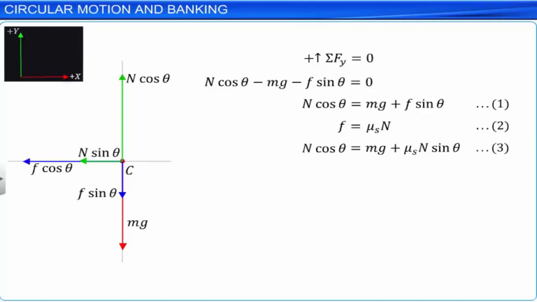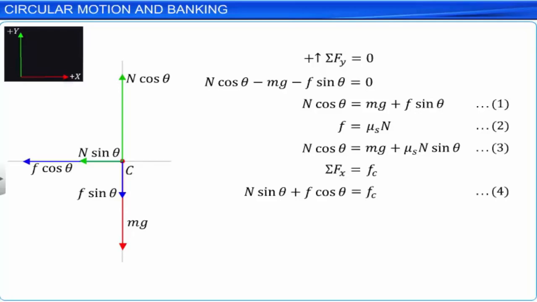This is the centripetal acceleration, and the force required for this acceleration is the centripetal force Fc. Centripetal force Fc is equal to the net force acting along the x direction. This gives us equation 4 as N sin theta plus F cos theta equals Fc.